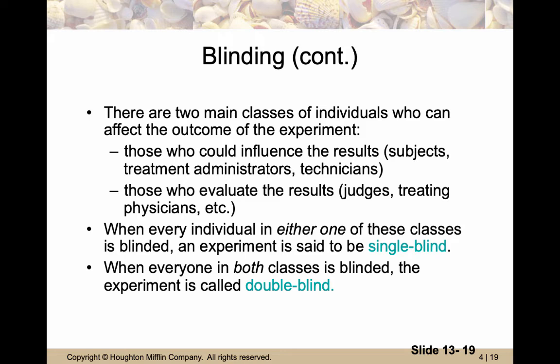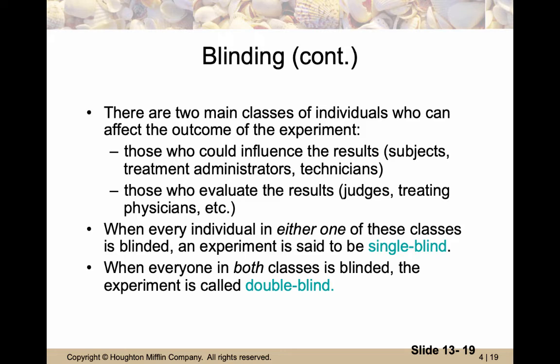And then those who evaluate the results: the judges, treating physicians, etc. So basically, what that means for research teams is you've got to have some people, especially the evaluator, the person who's going to actually evaluate the response variable and make judgments about that. That person needs to not know what treatment each individual receives, or that could influence how they judge the response.